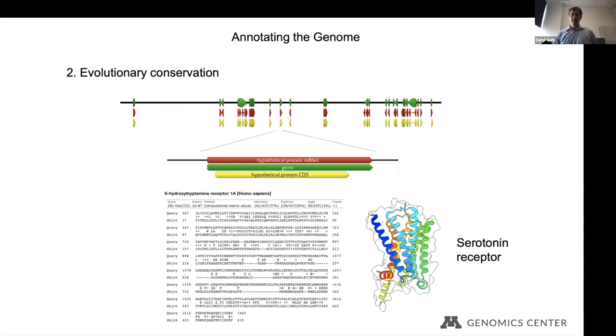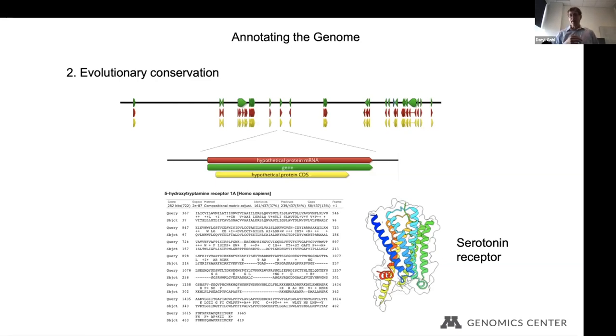So we can start to ask, for each of these open reading frames, are they similar to anything that we've seen before in other genomes? This one that I've highlighted here, if you align this to the human genome, you actually see that it has a lot of similarity to the serotonin receptor. And I highlight this one because this is actually an interesting target gene for us.